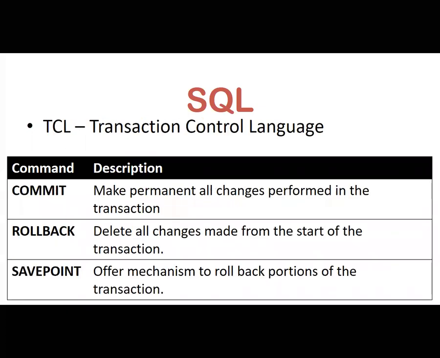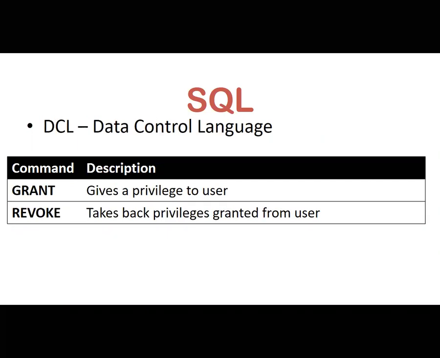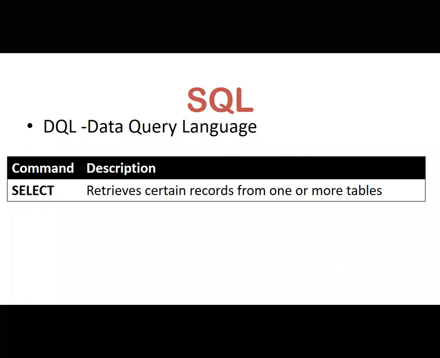In TCL, Transaction Control Language, we have commit, rollback, or savepoint. Then we have DCL, Data Control Language: grant or revoke. And DQL, Data Query Language, is to select a particular record, particular fields, or particular tables from a SQL database.